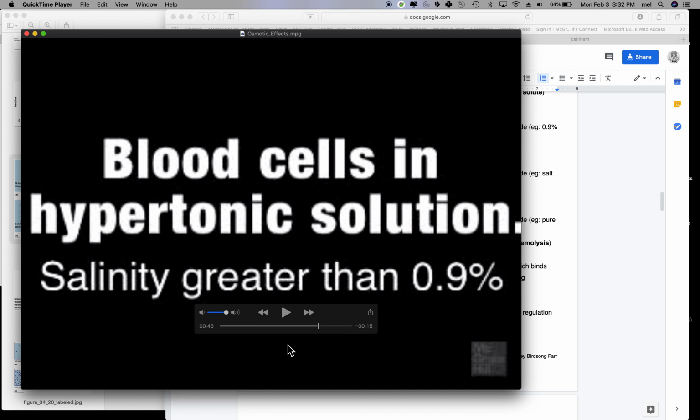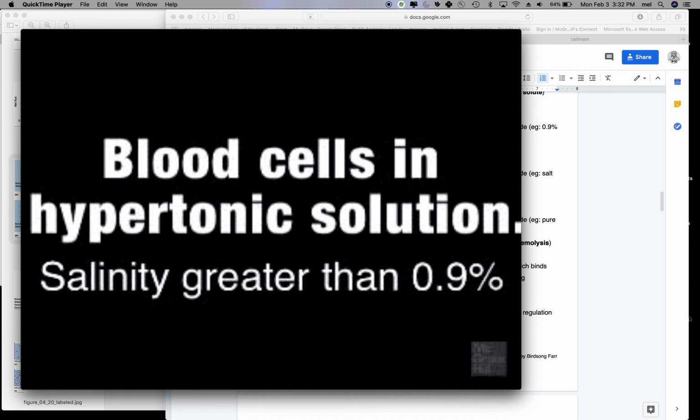Okay, now you should be confident in saying what the cells will do in a hypertonic solution. A hypertonic solution is when the solution has greater concentration of solute than the cell. So what is going to happen in a hypertonic solution? Water is going to move where? Water should move from water's high concentration inside the cell to water's low concentration outside the cell, because osmosis is just diffusion of water.